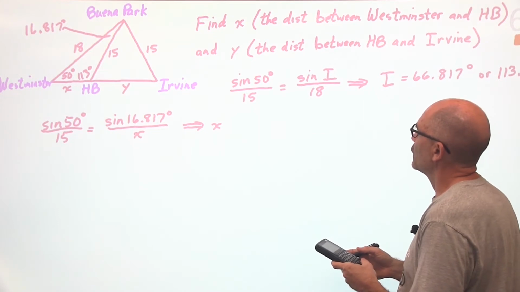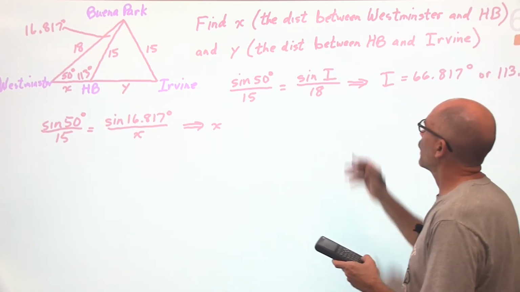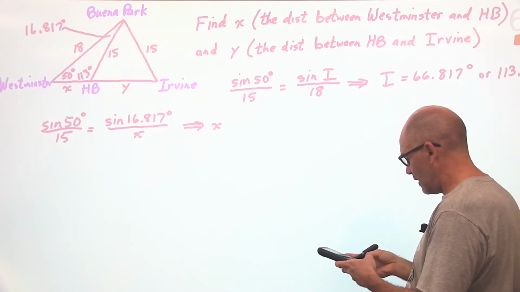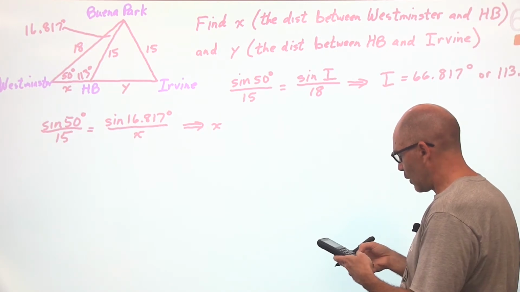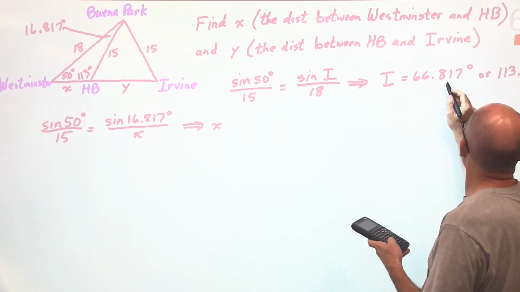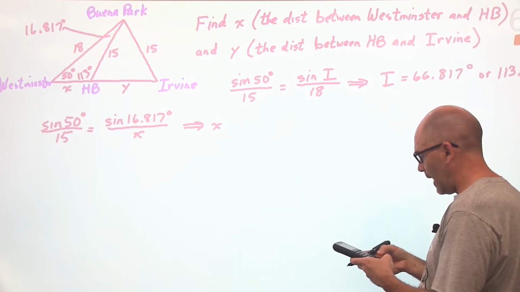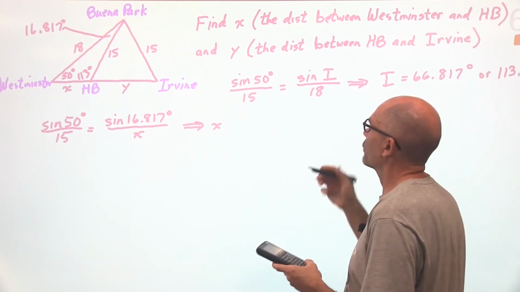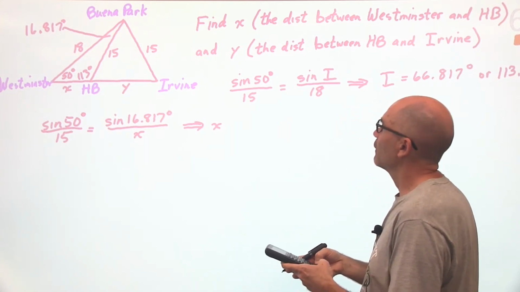Actually, what I'd like to do is make sure I have the exact angle in my calculator. So if you forgot what that is, you just go through this real quick. 18 times sine of 50 divided by 15. Take the arc sine of that, and you end up with your 66.817. Subtract that from 180, and now I have my 113.183. Add 50 and subtract from 180.